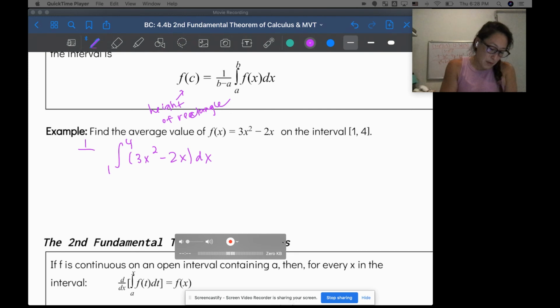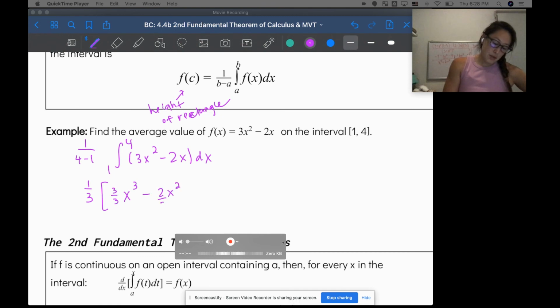So I'm going to multiply by 1 over the change in x, so 4 minus 1. I get 1/3 times, I'm going to integrate: x cubed, so 3 over 3 will give me 1, minus 2x squared over 2, from 1 to 4.